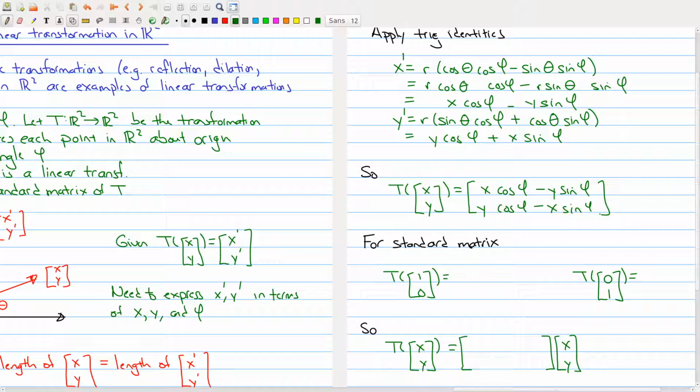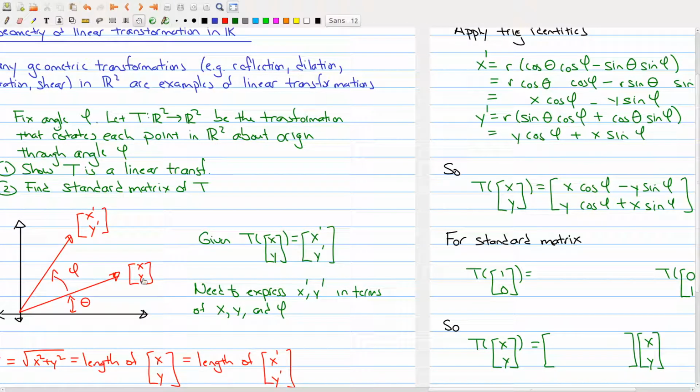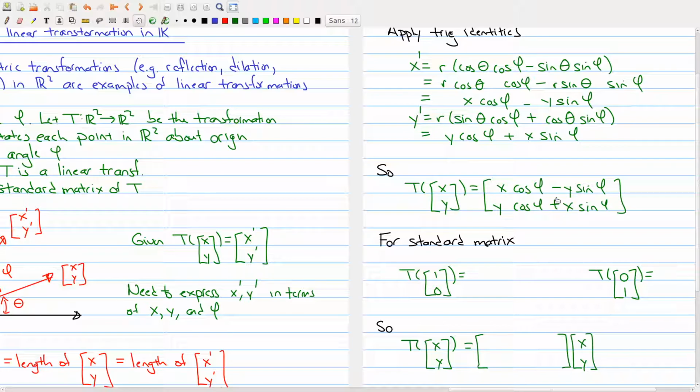Okay, so there you go. There's my expression, except this should have been a plus. So that's how to rewrite this transformation, taking a vector x and y and figuring out what x prime and y prime are in terms of the original x and y and the angle by which you rotate it.